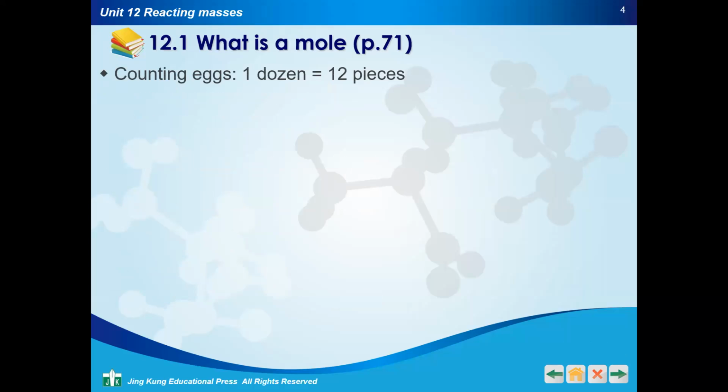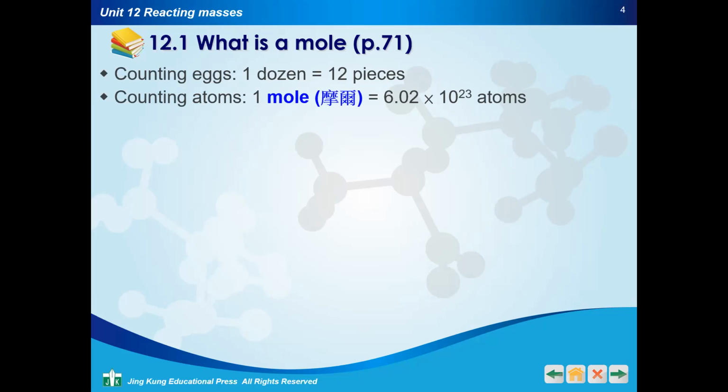It's quite different from counting, say, eggs. If you like to count them, we call it 1 dozen, which means 12 pieces. But in chemistry, 1 dozen is too little a number.